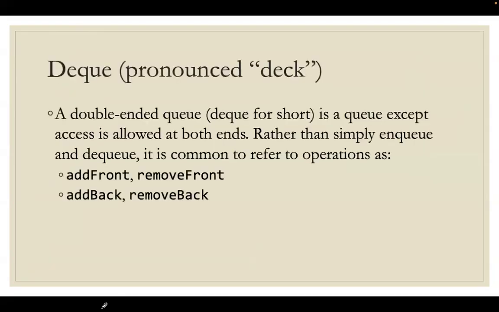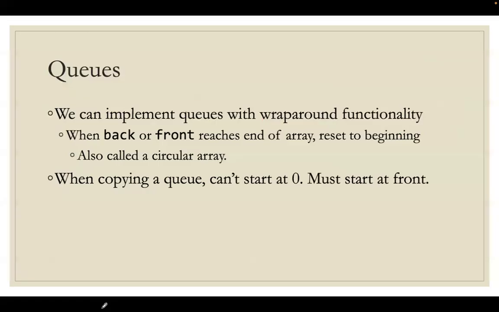So there's ways that we can extend this. So queues and stacks as they are are fairly simple. For queues, there are things that we can do to extend the functionality. So if we wanted to, we can have wraparound, where we have some sort of circular array and it goes back to the beginning.